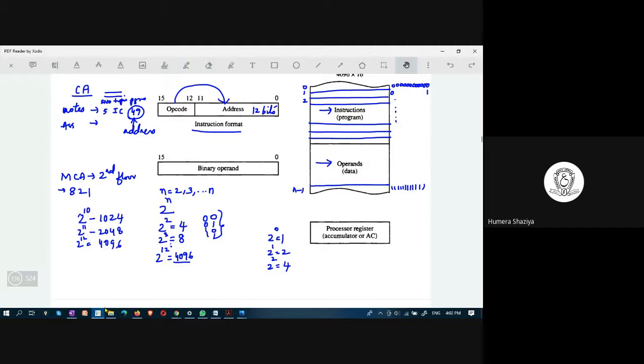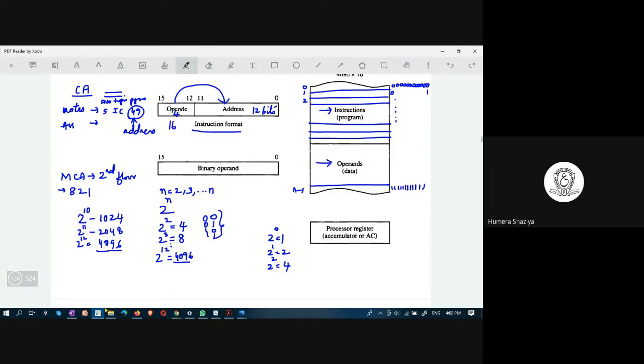In the instruction format, this address has 12 bits. 12 bits means there are totally 4096 address locations. And this opcode here is 4 bits. 4 bits means how many operations can you create from 4 bits? 16.